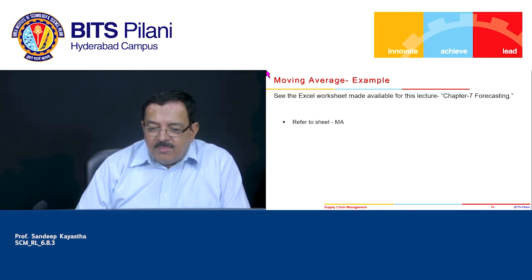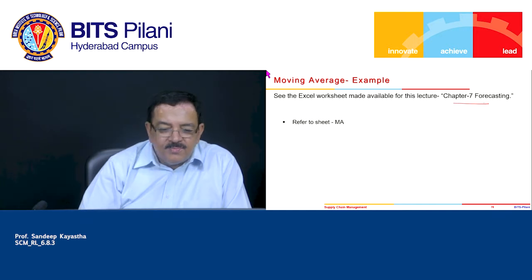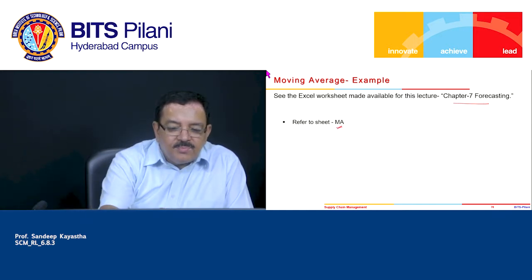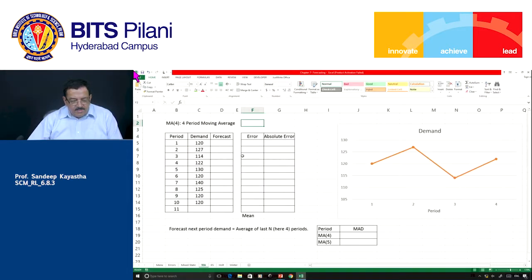So we have made available to you one Excel sheet that is called chapter 7. In that, please refer to the sheet moving average. Let's take this example. We have the data for 10 periods. Demand has been 120, 127, 114, 120, 130, 120, 140, and like this.